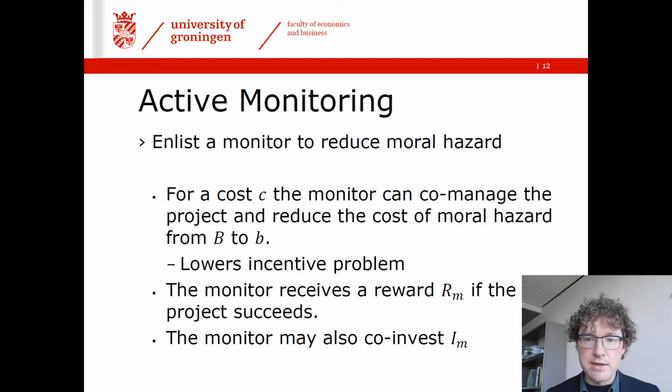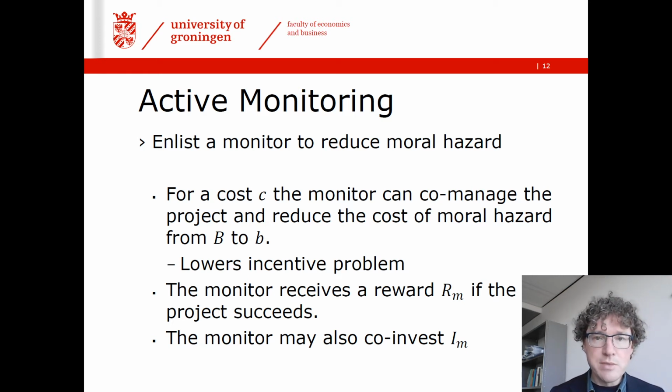By taking this action, of course, this monitor also incurs a cost, so presumably this monitor also gets some revenues, and the monitor is hired by the firm. So these rewards for the monitor will be paid out in the form again of a reward RM, where M stands for monitor, if the project succeeds, because if it doesn't, there is no money basically.